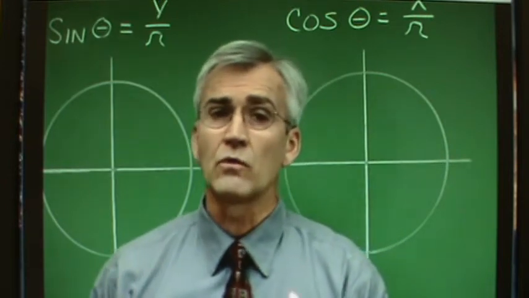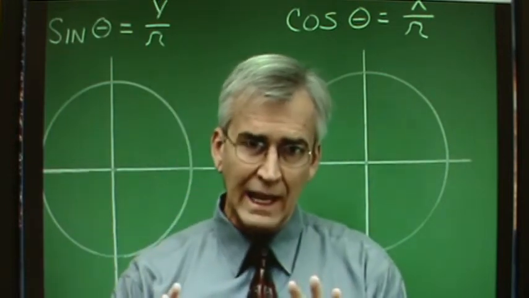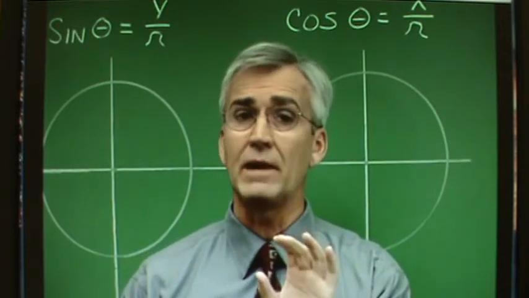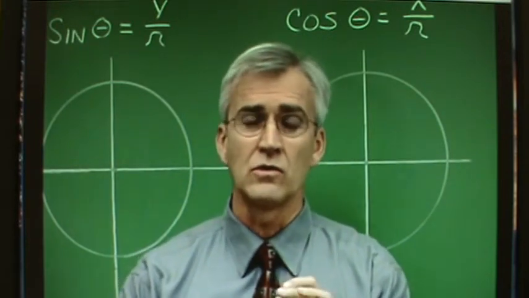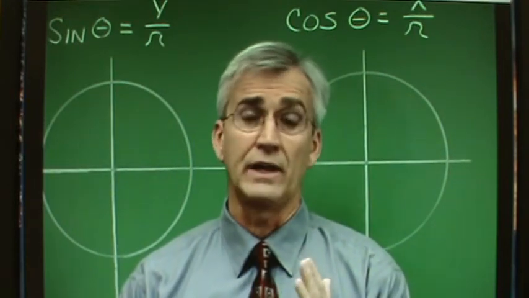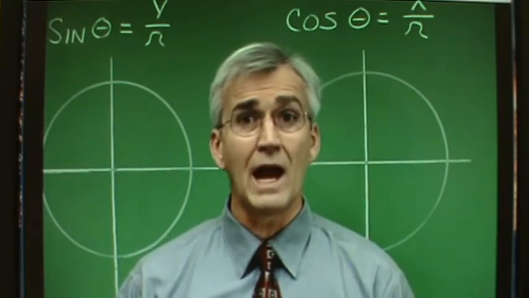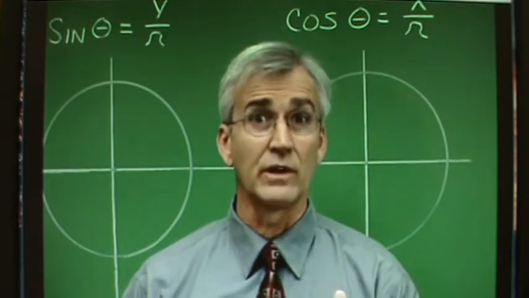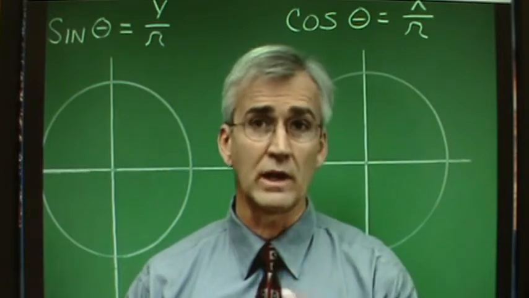Now, I want to run through a discussion here and emphasize two things. I want to talk about what happens at those values of theta that are like 0, 90 degrees, 180. We know what happens between 0 and 90 degrees, but what about at 90 degrees? That's one emphasis.